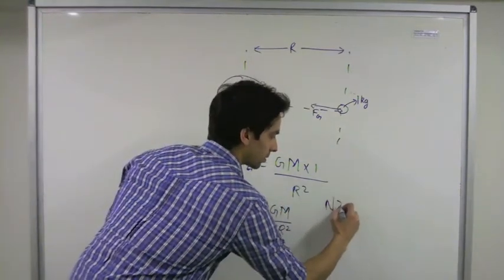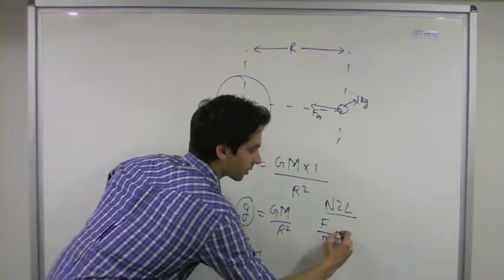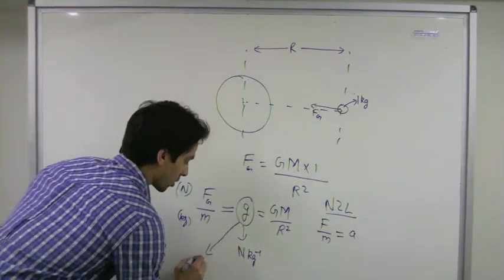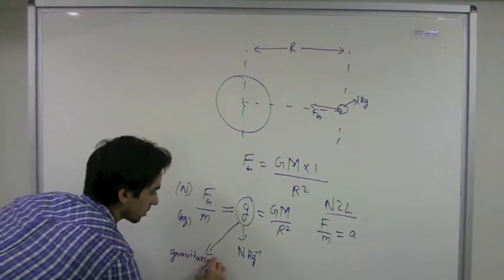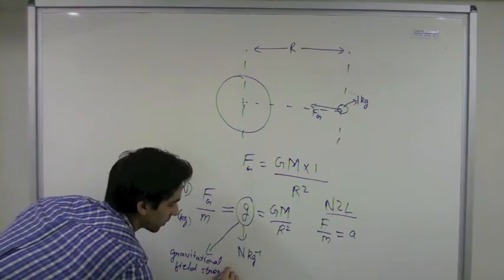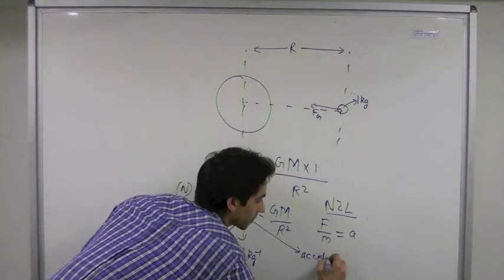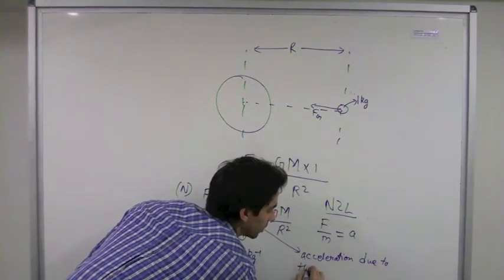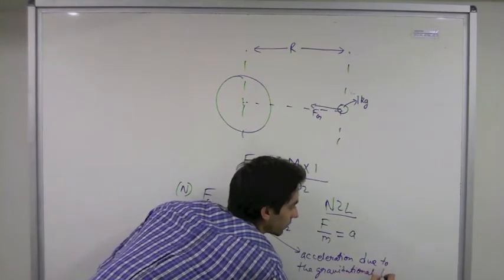Again, from Newton's second law, we know that force per unit mass would actually be the acceleration. So therefore, this small g is not only the gravitational field strength, it can also be understood as the acceleration due to the gravitational field.